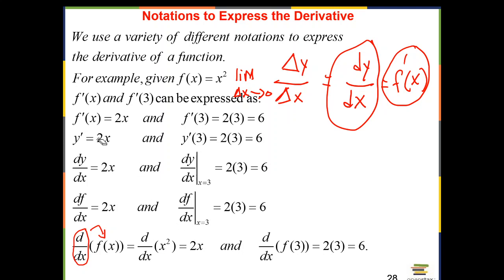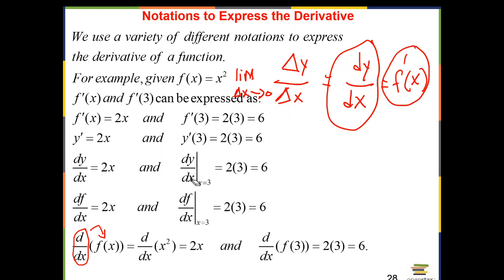Okay? Now, what about the values? What if you want the derivative at a given point? Well, if you have this notation, you just substitute for x. And the notation is this right here. If you use y prime notation, you can just do y prime of 3. If you use this notation, usually the textbooks have this notation here.